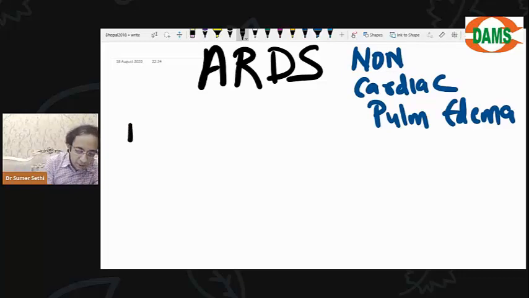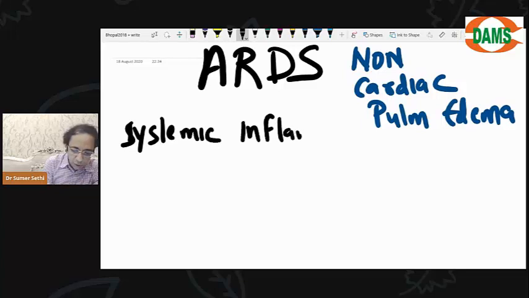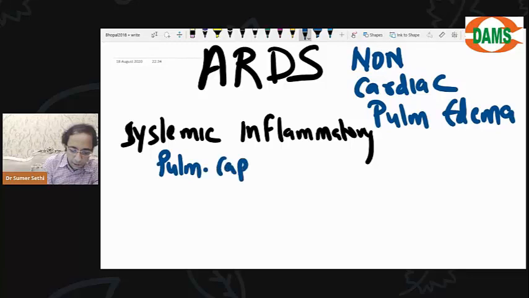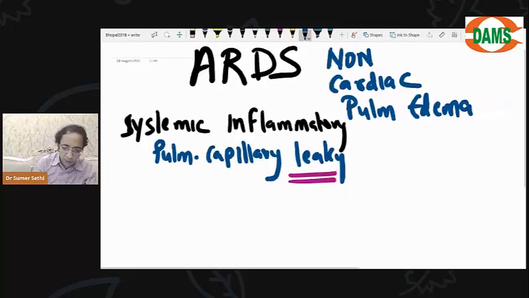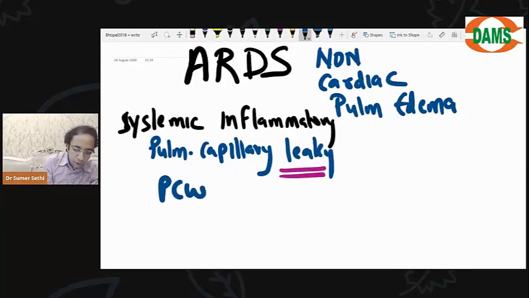So if there is a systemic disease causing an inflammatory response, what will happen to the pulmonary capillaries? The pulmonary capillaries will become leaky. Do you understand the basic principle that I taught you in the first class, second class? Inflammation causes capillary leak, so here the capillary will leak. Okay. What about the PCWP? PCWP is normal.